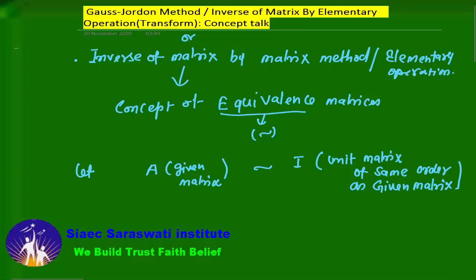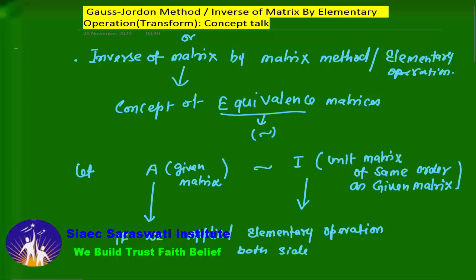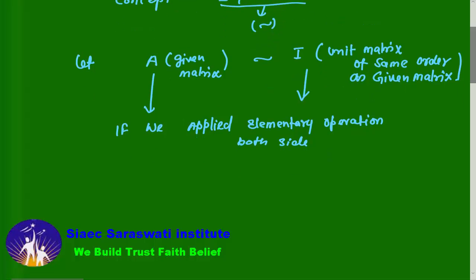So if we apply some elementary operation on both sides, then what happens?